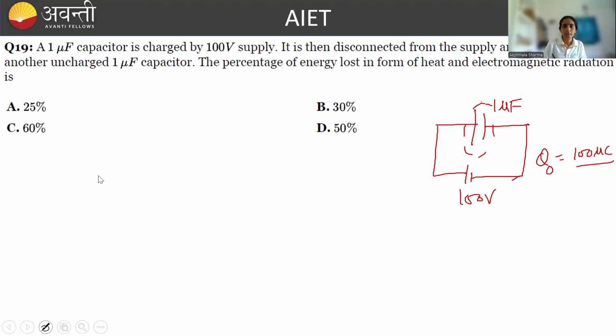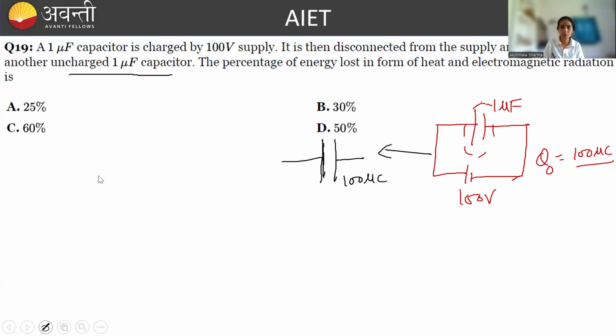Okay? It is then disconnected. So once we disconnect it, the capacitor will look like this. But it will still have the charge stored, because we haven't thrown the charge anywhere. It will be still there, right? So now when it is disconnected, it has a total charge of 100 microcoulomb. And it is connected to another uncharged capacitor.